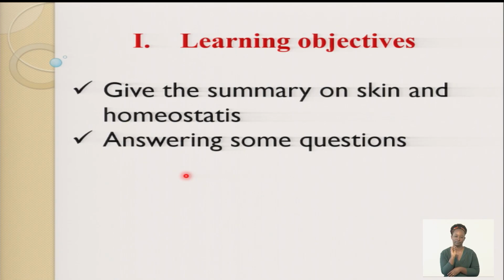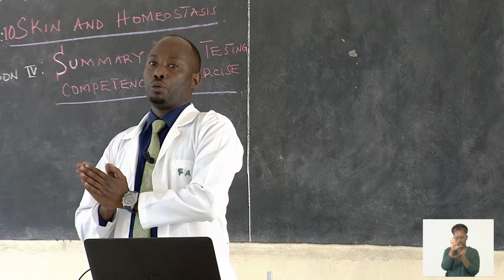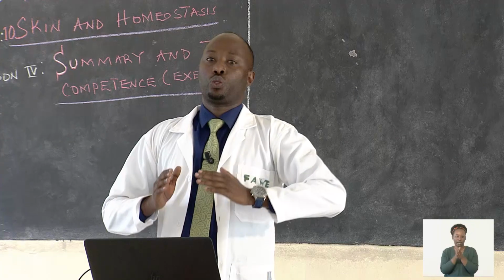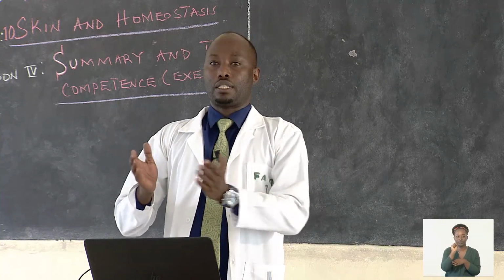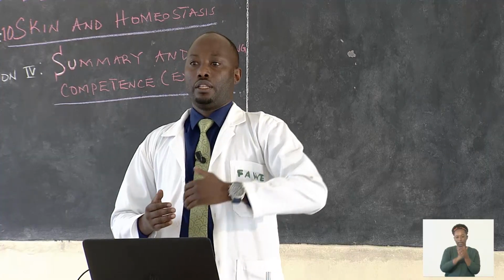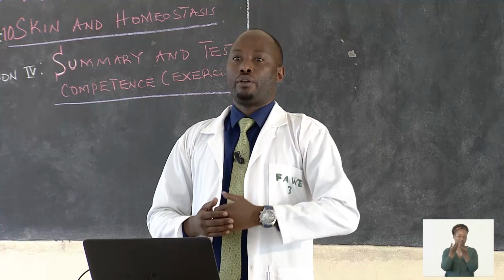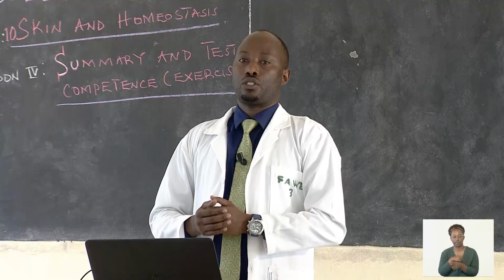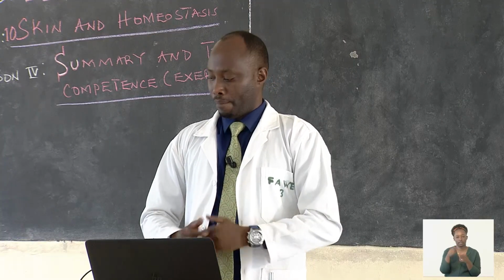All right, students? We are going to give some of the answers to the given questions. The questions were given, and we are going to have some answers to them.